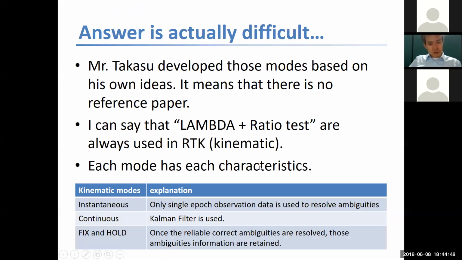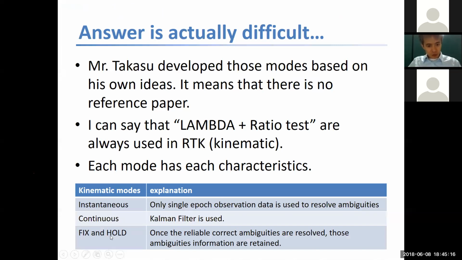So each mode has characteristics as shown in these tables. Three kinematic modes and explanation. Instantaneous: only single epoch observation data is used to resolve ambiguities, which means the float solution is differential GNSS. In continuous mode, as you know, a Kalman filter is used to converge the float solutions, so it is better than instantaneous.